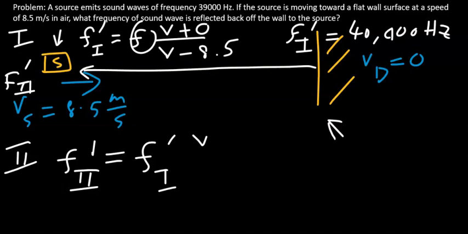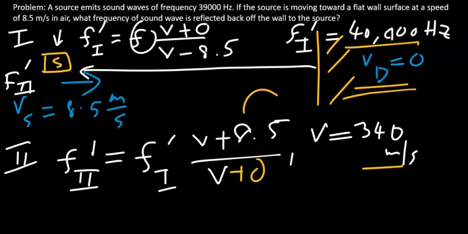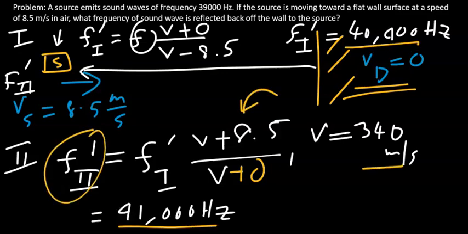The detector is the original moving source and it's moving towards, so you need to add the plus to get the shift up, 8.5 meters per second, over V plus 0, because the source, which is now the wall, is not moving. Substituting this and this in here, we get 41,000 Hertz.